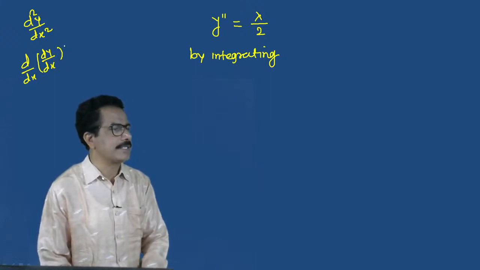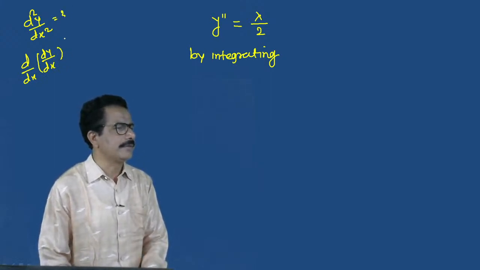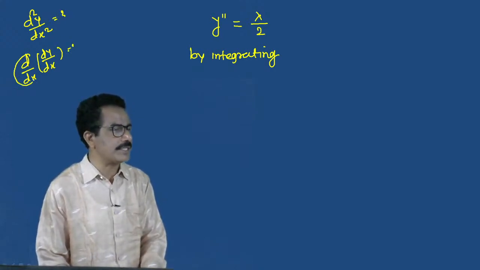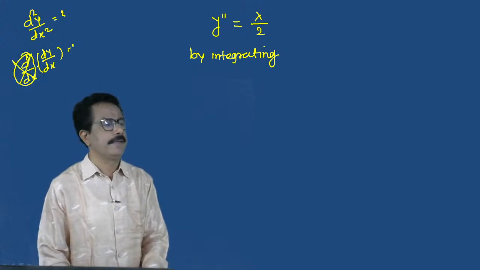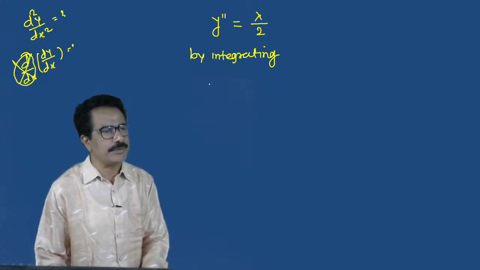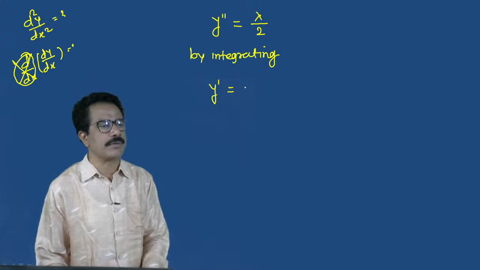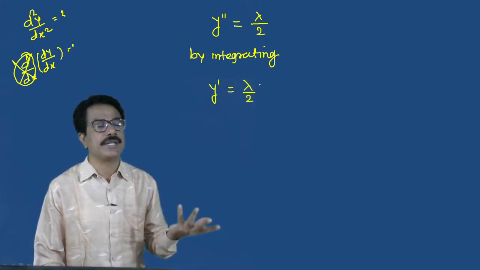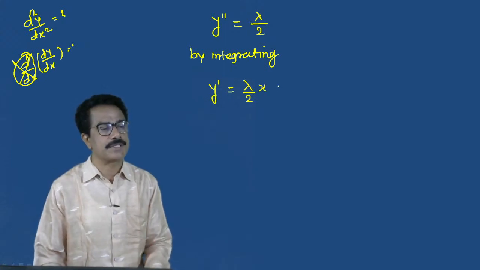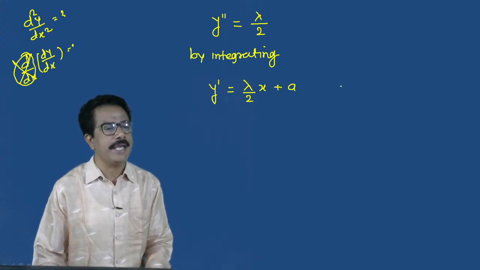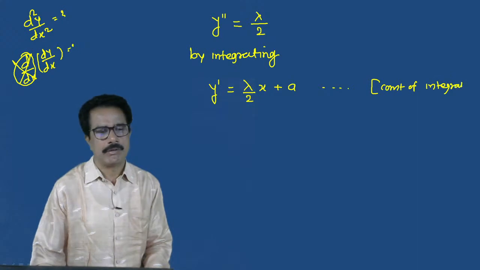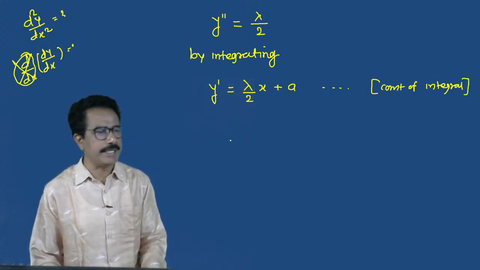If we take the integration on both sides, then the first derivative is cancelled. The remaining term is dy by dx, denoted by y dash, which is equal to lambda upon 2, a constant, and the integration of a constant with respect to x is x, plus a, the constant of integral.